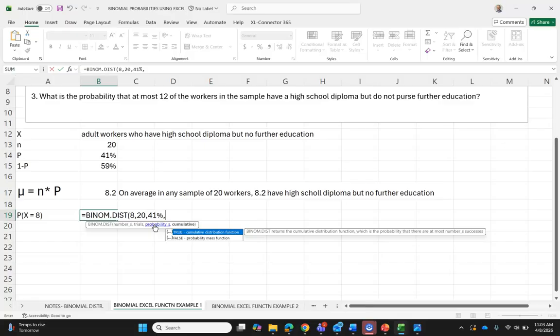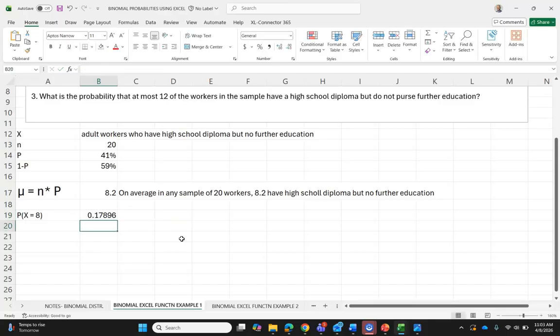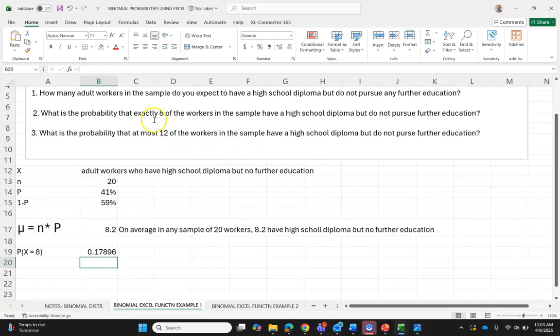It is false because we are looking at the probability of exact. If it was less or equal, then that is cumulative, and therefore we'd say true. So I will select false here. Close the bracket, and now you can enter. In this case, you can see we have 0.17896. So that is the probability that exactly 8 workers from the sample have a high school diploma but no further education.